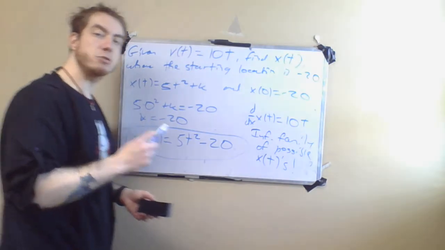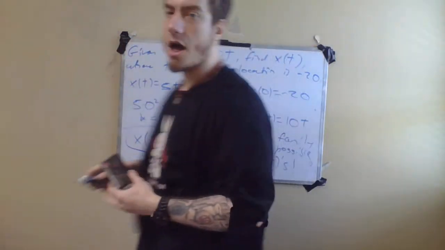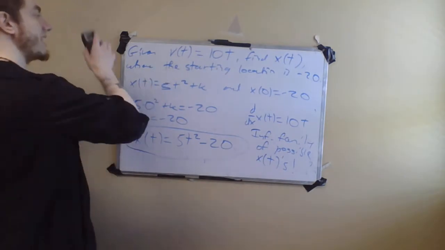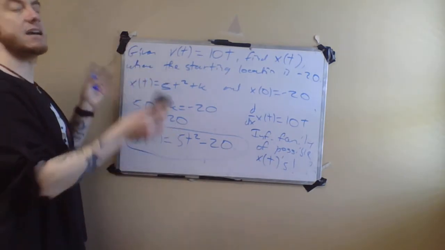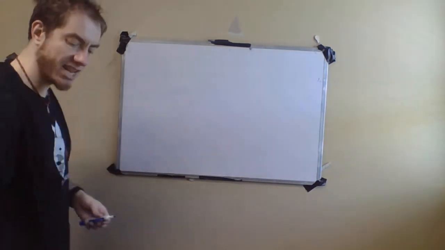To decide which one we have, we need some additional condition. Now, I want you to notice here, the condition that's given doesn't have to be the initial condition necessarily. So here is another example of one of these types of things.